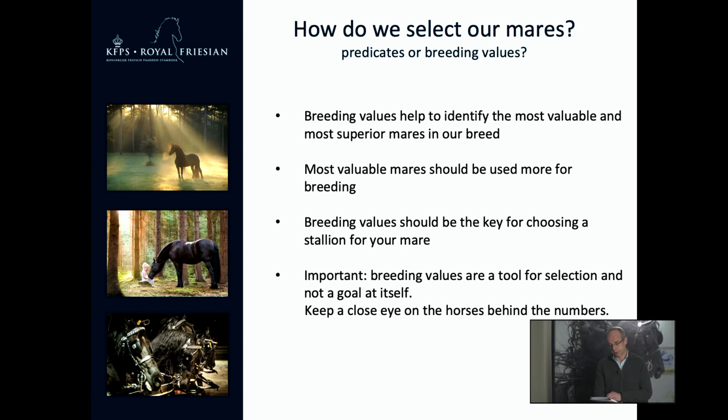And because we have this total merit index, that doesn't necessarily lead to higher inbreeding. Well, those breeding values, they're an excellent tool also for making your choice of stallion. Again, it's a good thing to use the linear score sheet, but it's better to look also at the breeding values because again, in these breeding values also the pedigree of the horse is included.